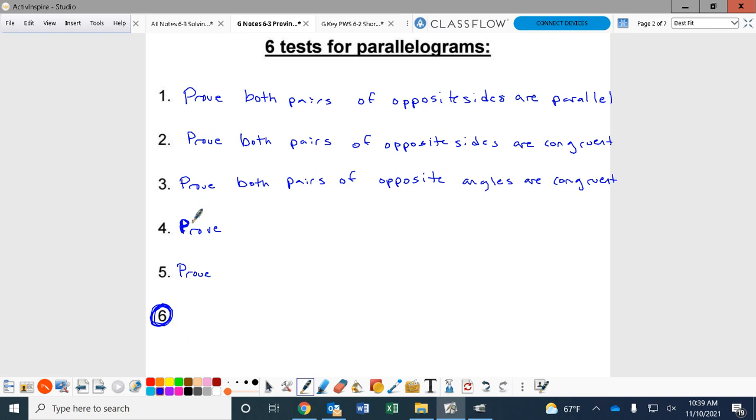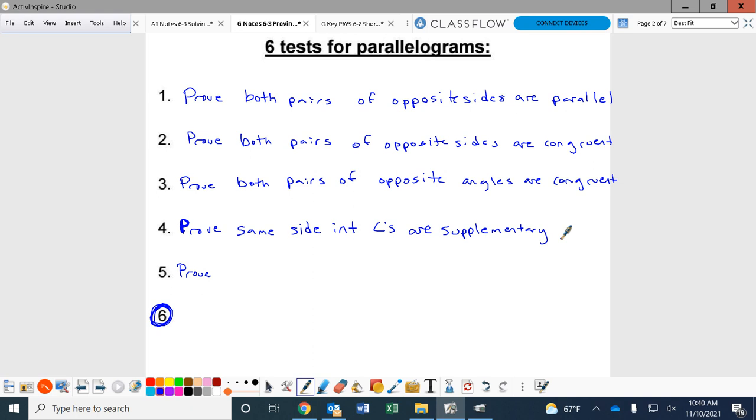Okay, so give me another property that we learned yesterday. Same side interior angles are supplementary. Prove that the same side interior angles are going to be supplementary to each other.